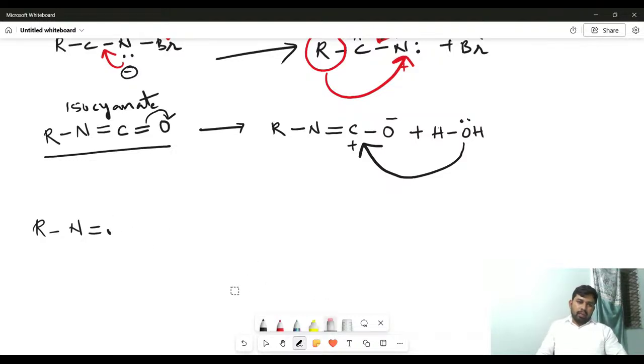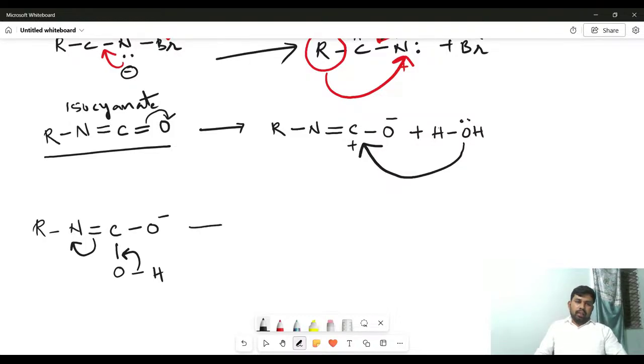We have carbon here, and here we have O minus, and this will attack here. We have oxygen, and we have hydrogen here. Now what happens actually is this bond will be shifted here, and this will be shifted here, to get a positive charge.